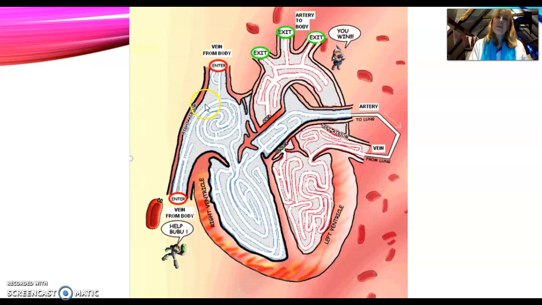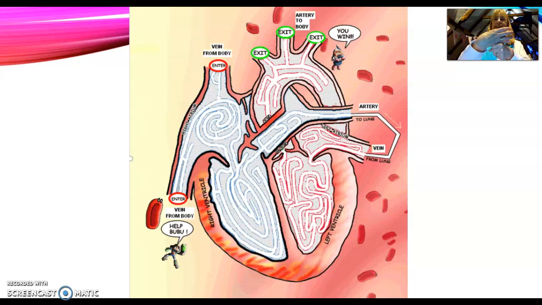The blood then pours into a relaxed atrium, so it relaxes so that it is allowed to fill up. Now, what's stopping it from moving into the ventricle are these valves at this junction. So those valves are closed so that the atrium can fill up.